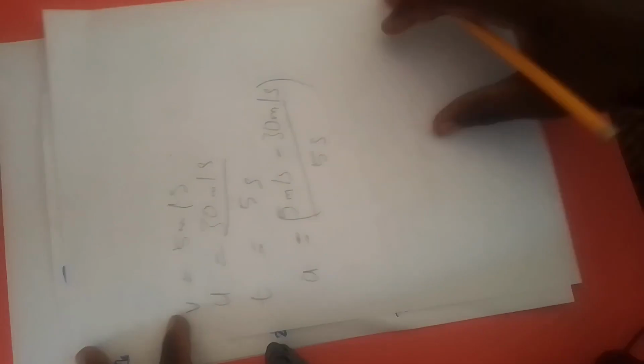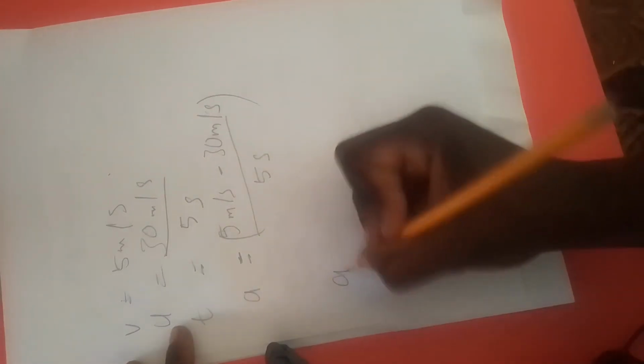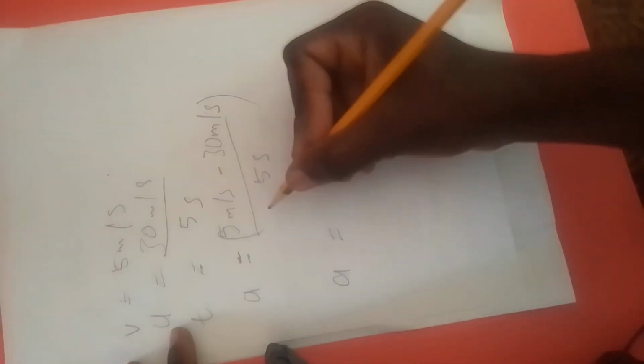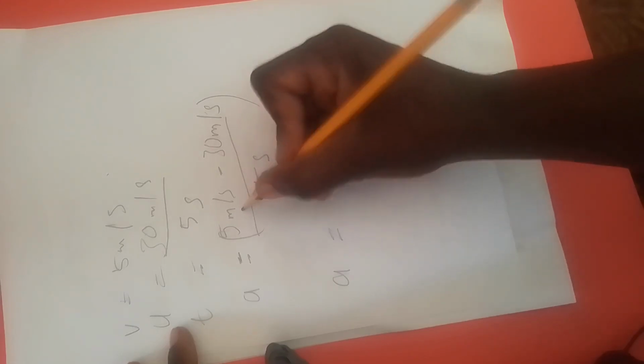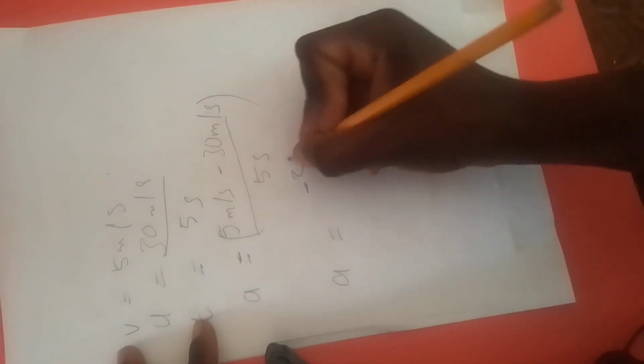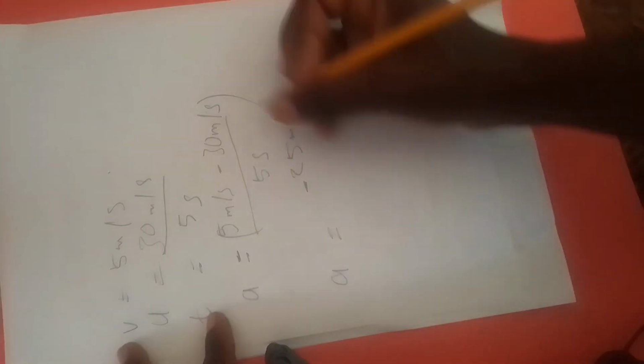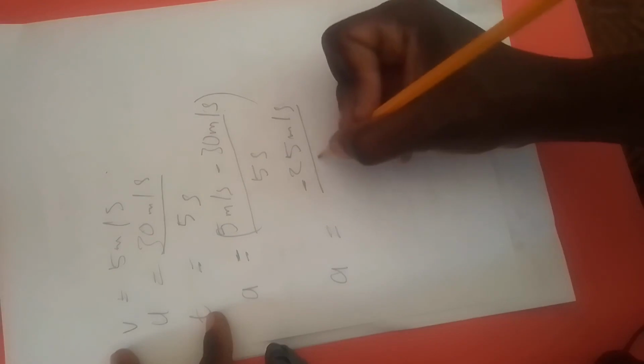This is now simple. We can see that A is equal to 5 meters per second minus 30 meters per second, which is equal to negative 25 meters per second, over 5 seconds.